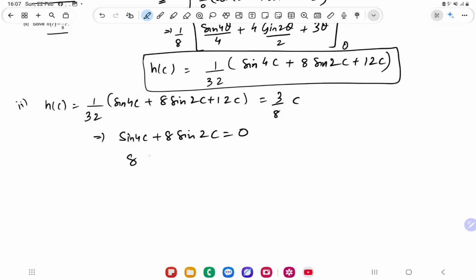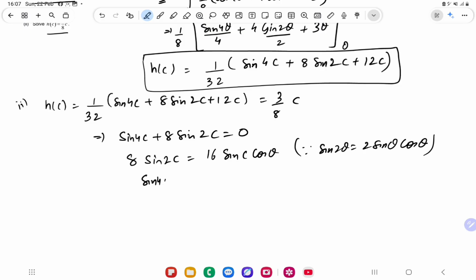So 8 sine 2c, if I apply the double angle identity, I can write it as 16 sine c cos c, since sine 2 theta is 2 sine theta cos theta. Similarly, sine 4c I can write as 2 sine 2c cos 2c, using the same identity.